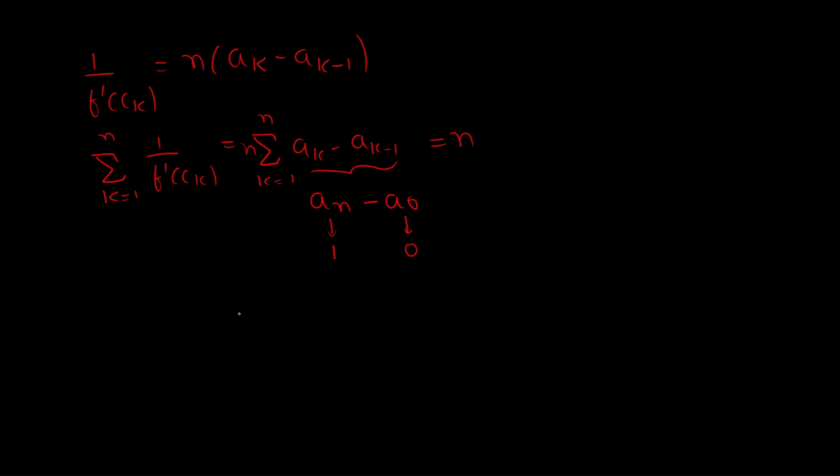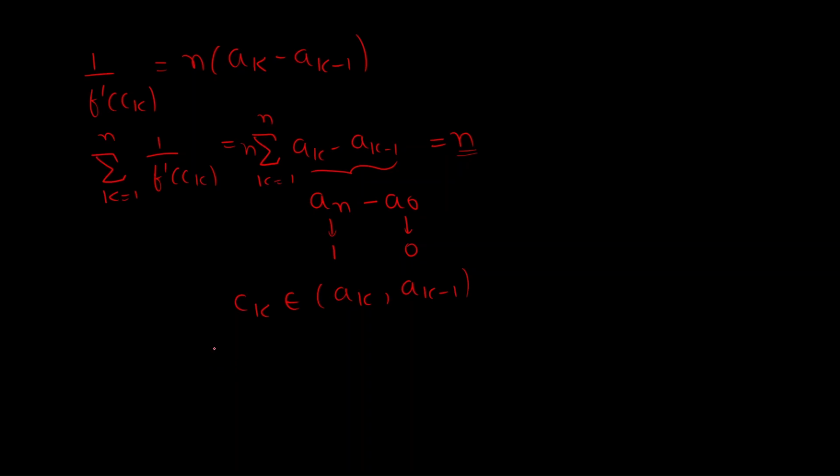Now again you can also see that since ck belongs from ak-1 to ak, all these c1, c2, c3, and so on till cn will be distinct constants, such that when we add all of their 1 by f'(ck), we will be getting n.